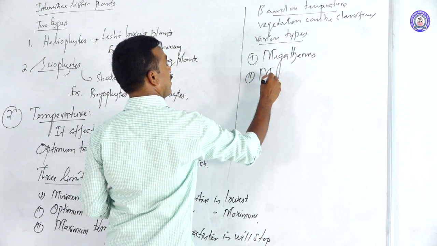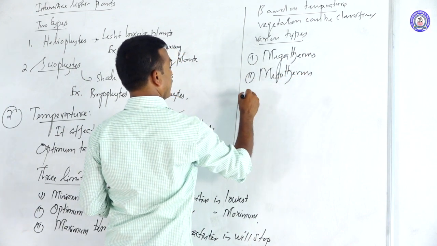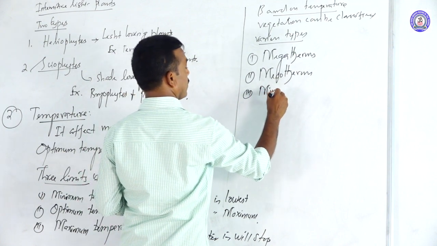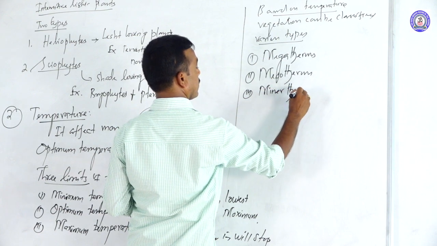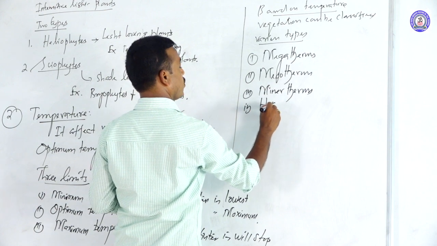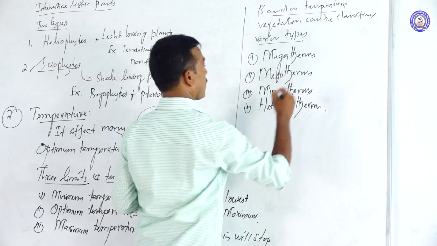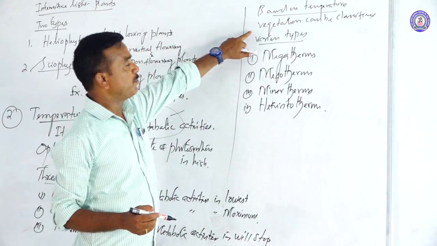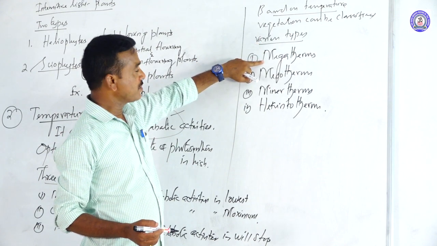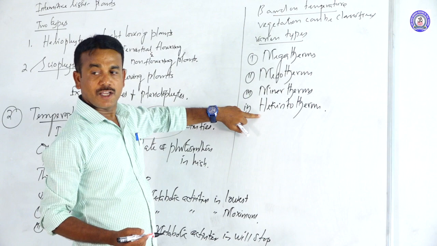Second one, mesotherms. Third one, minor therms. Fourth one, hextotherms. So based on the temperature, the vegetation can be classified into various types: megatherms, mesotherms, minor therms, and hextotherms.